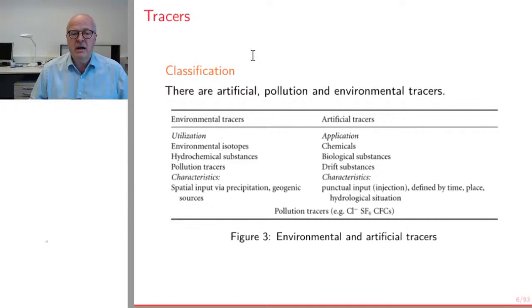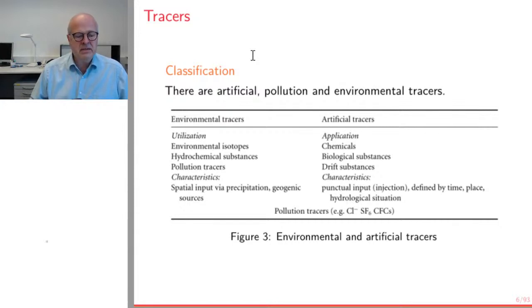Environmental tracers are often environmental isotopes: stable isotopes of water, of carbon, of nitrogen, of sulfur, of boron. I mean, you can choose almost anything you want.